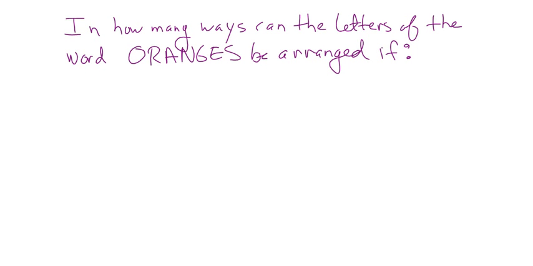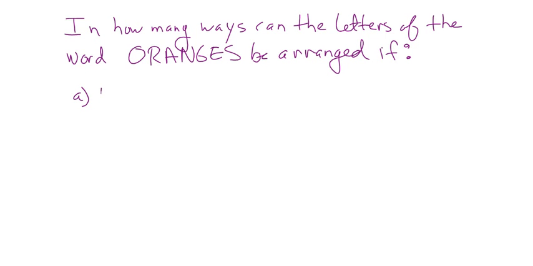Imagine that we have some Scrabble tiles: the letter O, the letter R, the letter A, the letter N, the letter G, the letter E, and the letter S. You have to figure out how many arrangements there are, and we're going to throw some conditions on there, and do 3 different ways of looking at it.